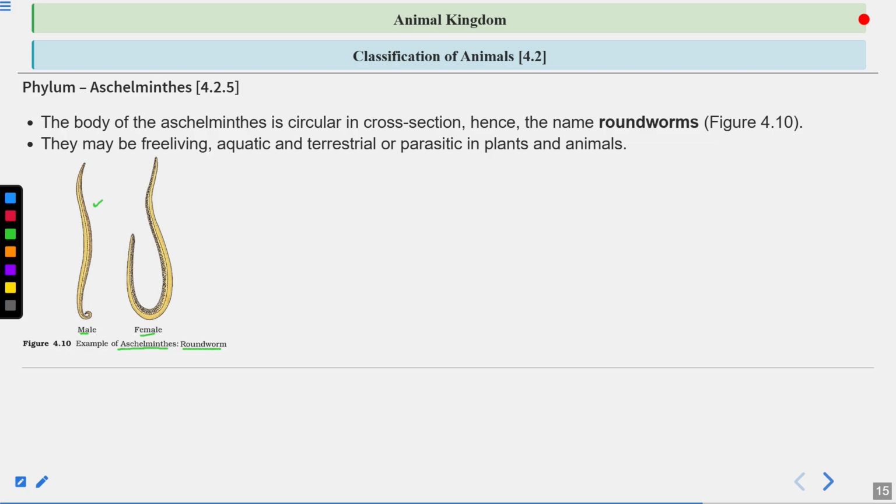You can see the length and the curve-like structure, the width of the worm. The female is quite longer and could have a turn like this. The male is shorter and you can see here the male cirri, the male reproductive organs, at this end. So that phenomenon is called sexual dimorphism, that by just seeing the external morphology you can tell that this is the male worm and this is the female.